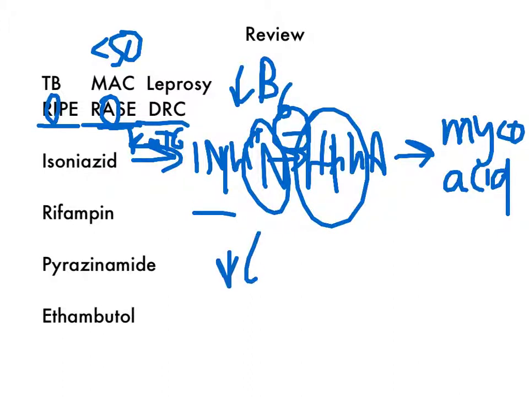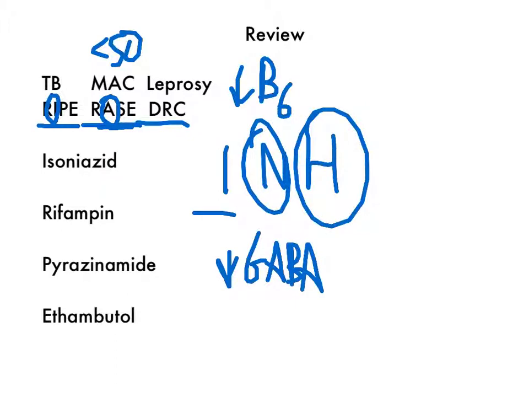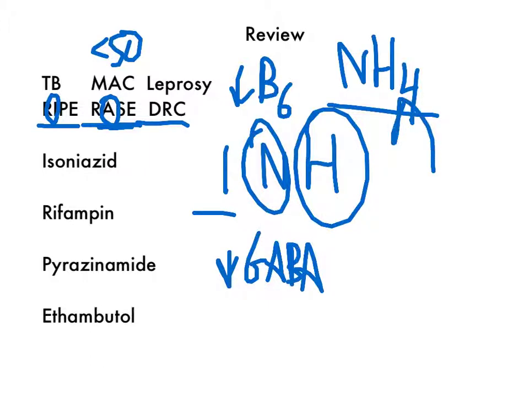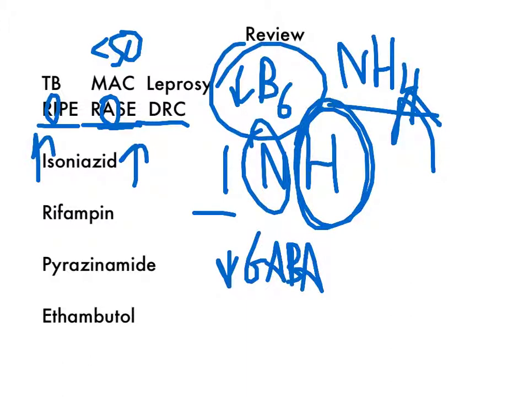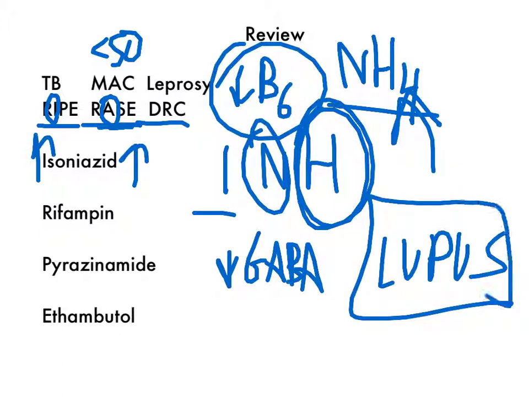And the way that it affects hepatotoxicity is by creating ammonium, and this ammonium is created after acetylation. So remember, if you're a fast acetylator, you'll get a lot of ammonium, you'll cause hepatotoxicity. However, if you're a slow acetylator, then you'll have increased isoniazid in your blood, and you can get B6 deficiency toxicity. And finally, remember, this is one of the drugs that causes lupus, and that's important to know for INH as well.